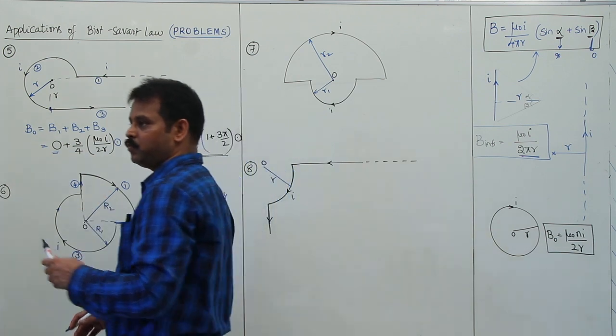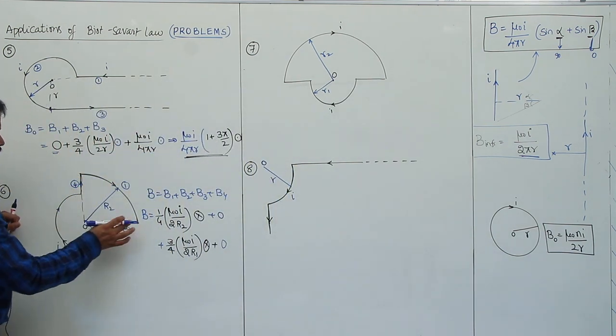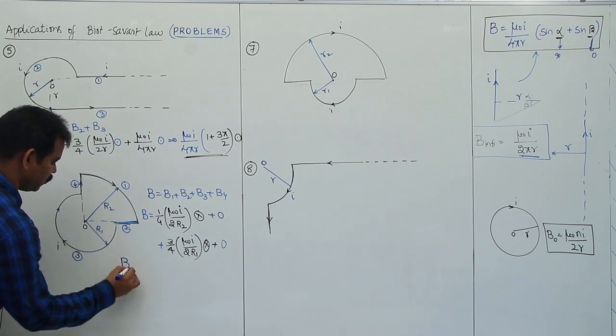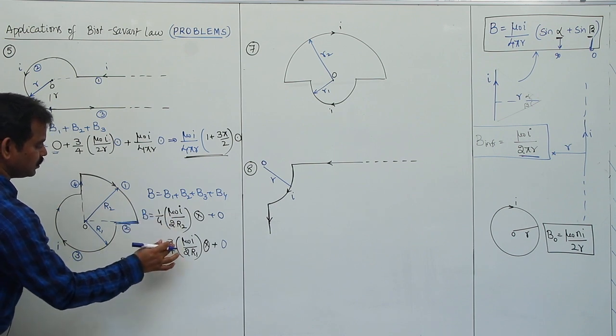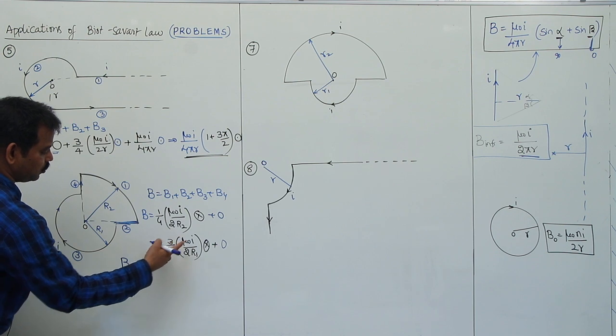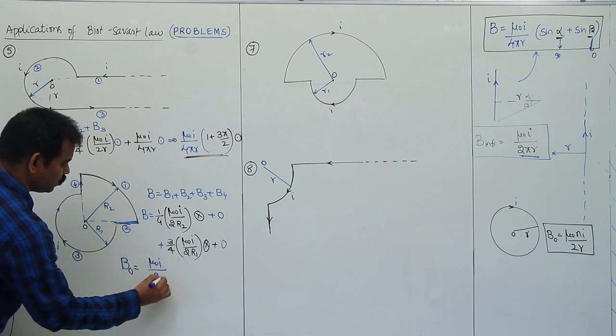So out of these 4 parts, only 2 parts are responsible for the magnetic field at the center. These 2 will not provide any magnetic field here. So the magnetic field at center O is given by this plus this, both are acting into the board, so we can add these. Mu naught I by 2 is common.